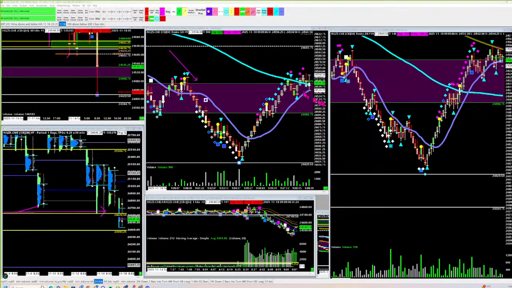There's a blue star down on the turn, but I'll often get some follow through. You have them on both bars.